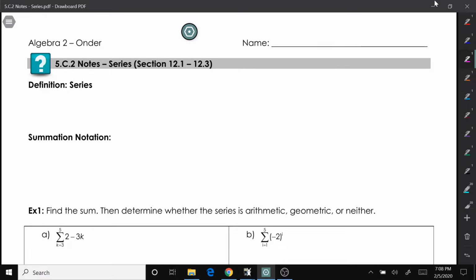Alright, so yesterday we looked at sequences. Now today we're going to look at something called a series.